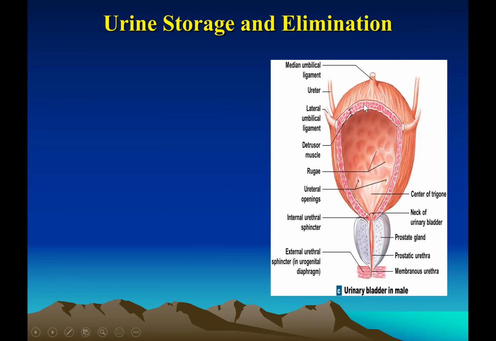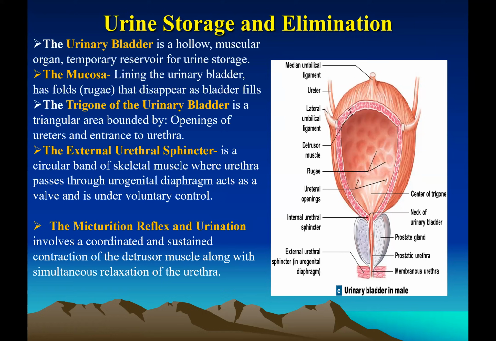The muscle is called detrusor muscle, rugae, trigone. This is the internal urethral sphincter, and then it becomes the urethra, and here's the external urethral sphincter. This is a circular band of muscle tissue, and it passes through the urogenital diaphragm.